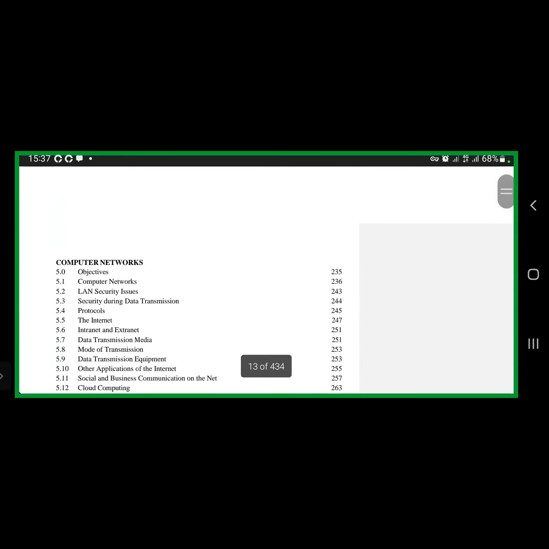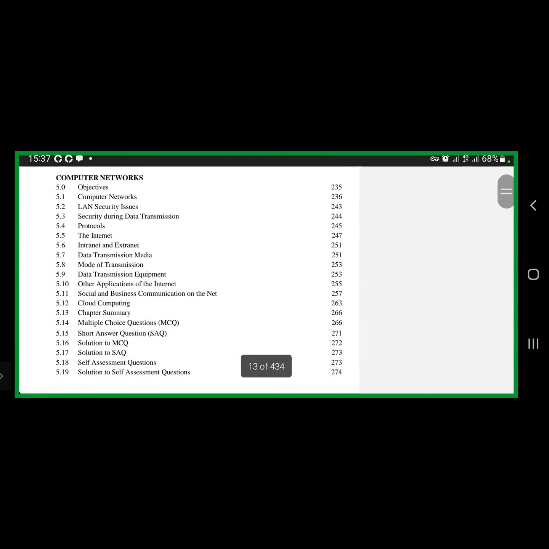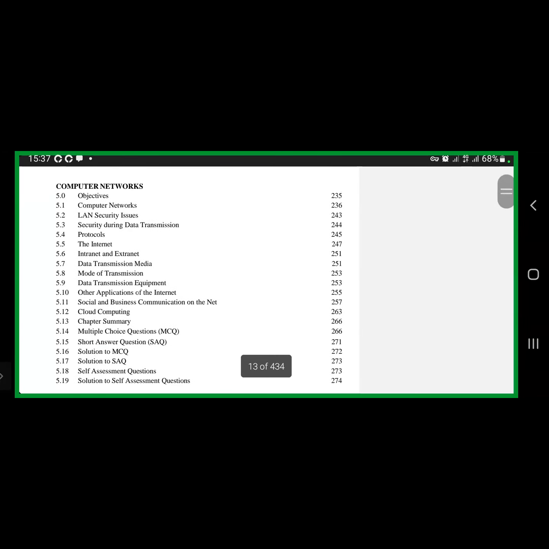Then in chapter 5, we'll be discussing computer networks. There are different types of computer networks, and we'll be discussing them. We have LAN, we have WAN, we have MAN. LAN means local area network. WAN means wide area network. We are not going to be discussing the different protocols. We're going to be discussing the internet as a whole.